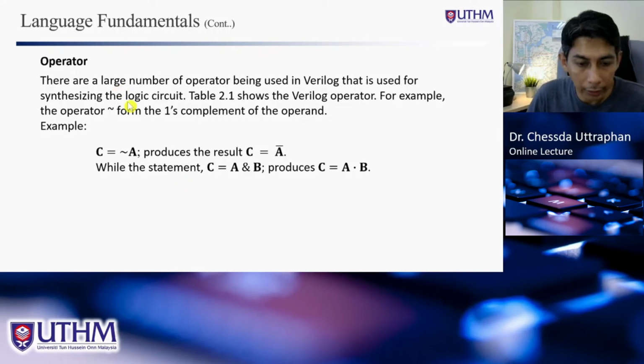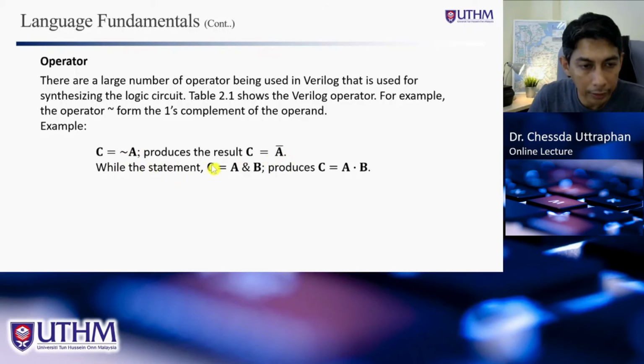Operator. So operator is very important, where we will use it a lot later on, especially in describing the Boolean equation or arithmetic operation, right? So we will use the operator. For example, when we write C equal to this symbol and A in Verilog, this is actually C equal to not A, right?